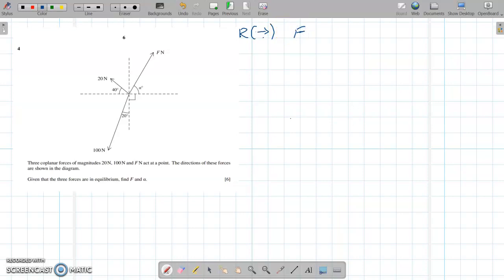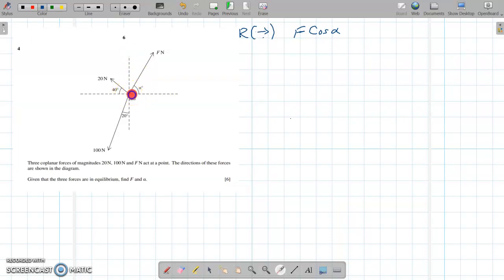Right, now what's the component to the right? Well, that angle there is alpha. Therefore, if we resolve it in this direction, it's F cos alpha. Okay, I explained it in the last question. So it does have a component in that direction, but it also has a component 90 degrees to it in this direction.